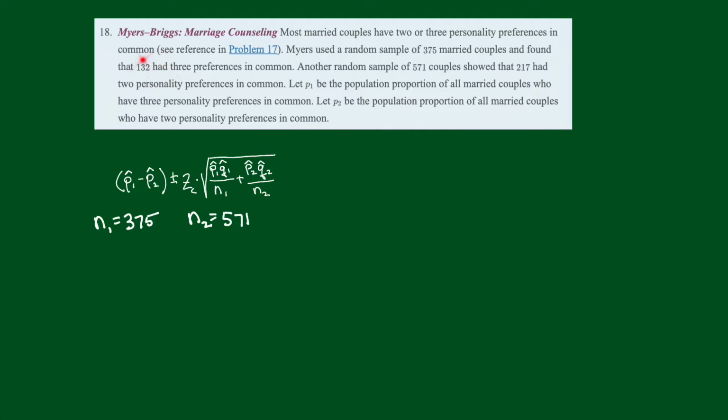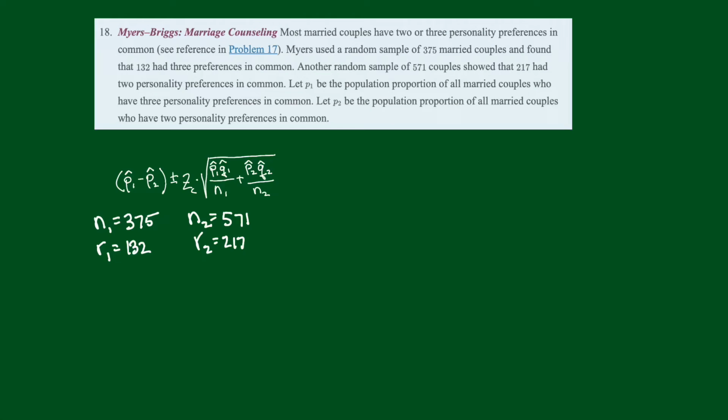Right up here, 132 had 3 preferences in common. So that's our R1, the number of successes we see, and apparently successes are having something in common. So R1 is 132. R2, the number of successes we see over here, is 217.